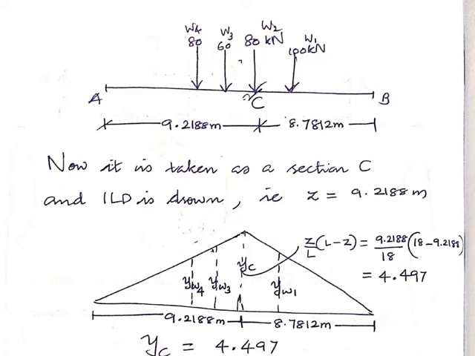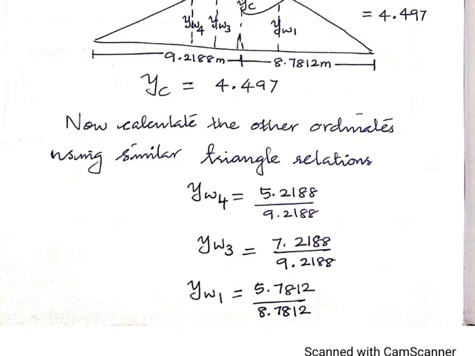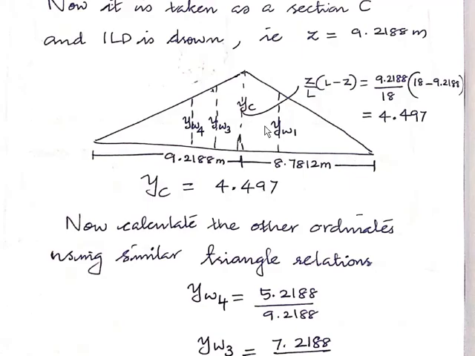Before that we have to calculate all the ordinates, again using simple similar triangle relations. You can calculate the ordinates using similar triangle relations like this. For finding YW1, we can use this triangle. YW1 divided by YC is equal to this distance divided by 8.781.